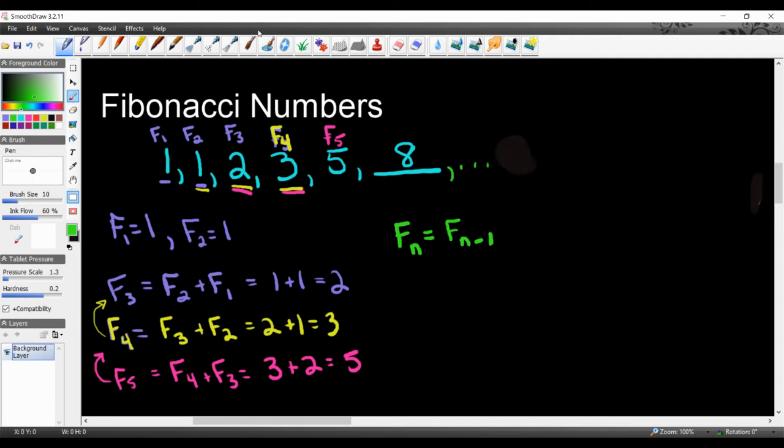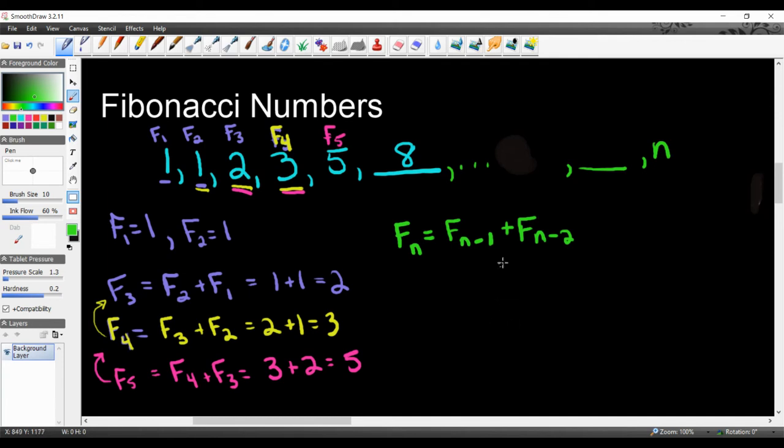Let's say n is over here somewhere. The one that goes right before it is n minus 1, plus the one before that, so f of n minus 2.